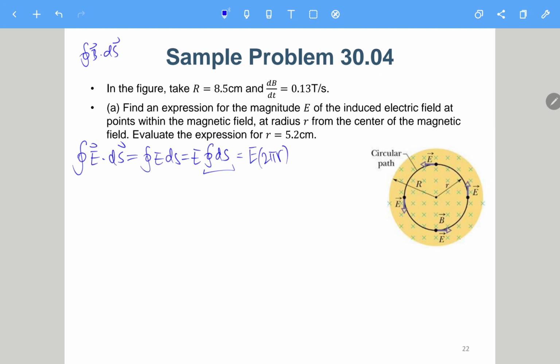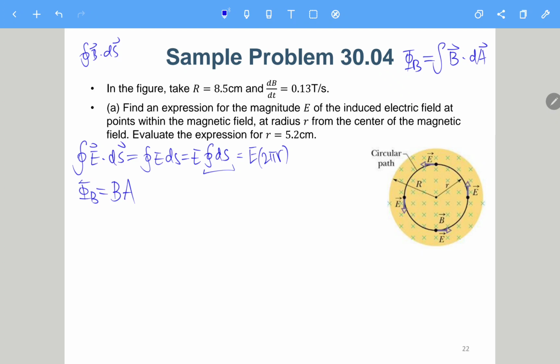And then we would like to consider on the right side, it should be negative dΦB/dt. So first of all, we would like to calculate ΦB. The general expression should be ΦB is the integration of B dot dA.